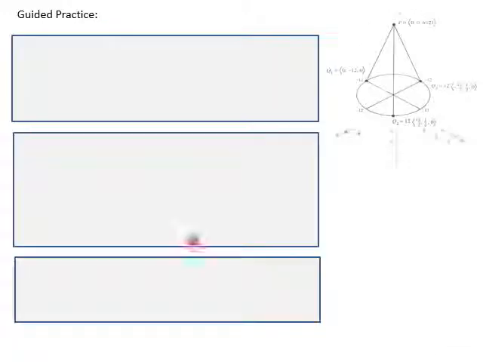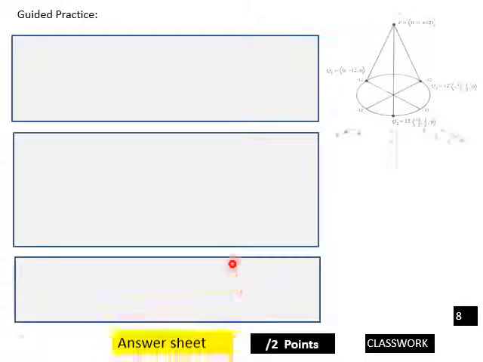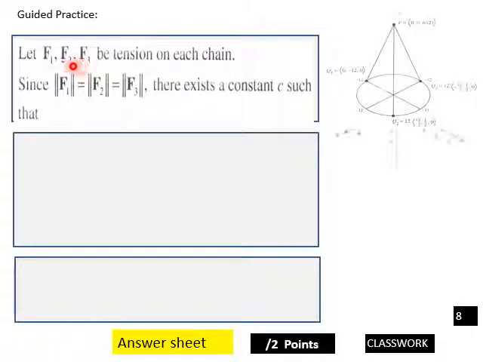Once we have that, we're going to let F1, F2, and F3 be the tension, or force, on each chain. Since force 1 equals force 2 equals force 3, there will exist a constant C.